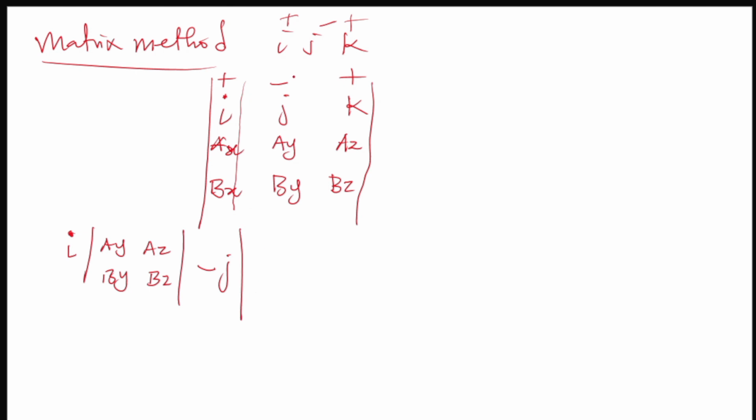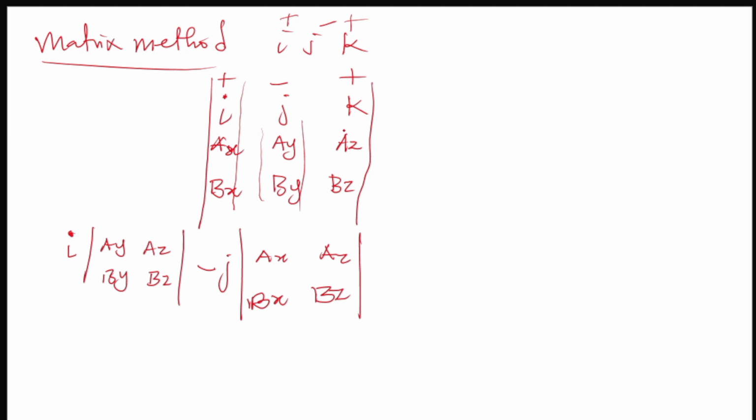If our interest is on the J component, we are simply covering J. And what are we seeing? We are seeing the I colon and K colon. So this will give you AX, BX, and this will also give you AZ, BZ. Now, what's the next one? The next one is your K component.